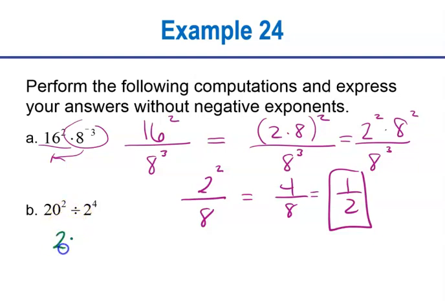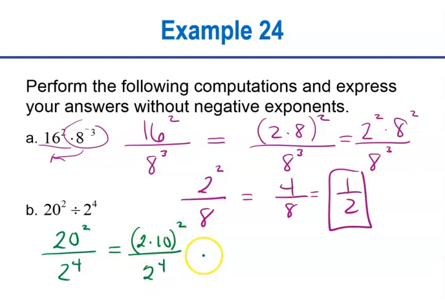So I have 20 to the second power divided by 2 to the fourth power. Notice I wrote it as a fraction bar instead. It's a little easier to look at that way. Now, because I have a 2 as a base down here, I could pull out a 2 as a base up here. I'm going to rewrite 20 as 2 times 10. That's to the second power, and 2 to the fourth in the denominator.